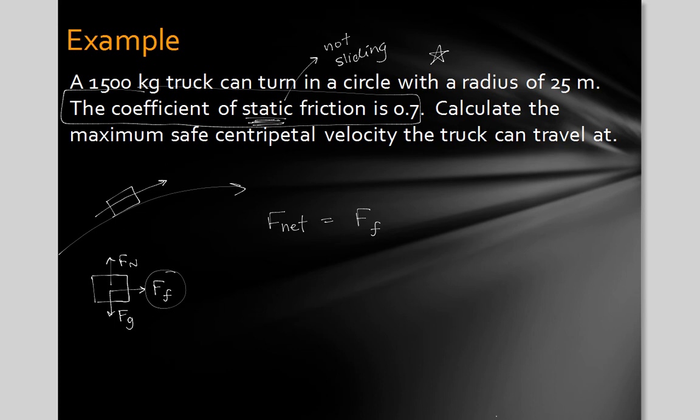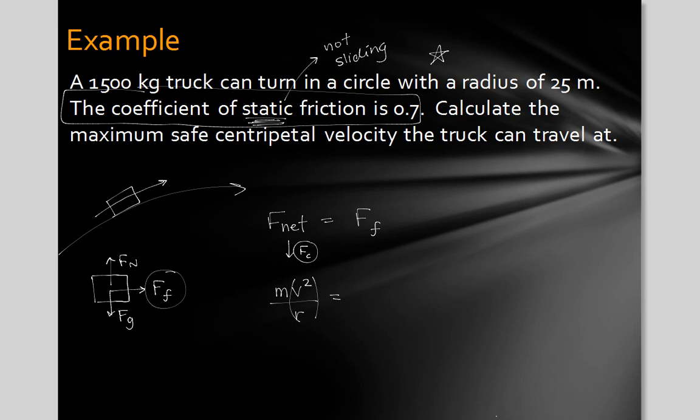This is what we would have done in the last unit, but because it's a centripetal force, when we substitute in for F net, we substitute in the centripetal force, which is ma, but written in a different way. It's mv squared over r, because v squared over r is just a.